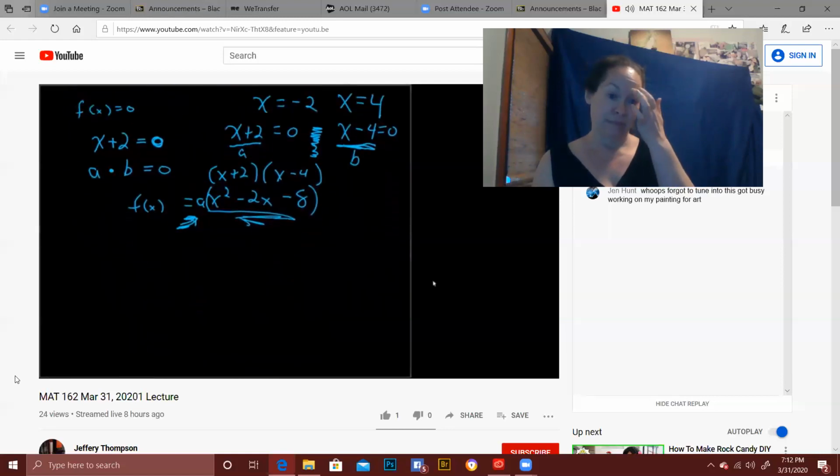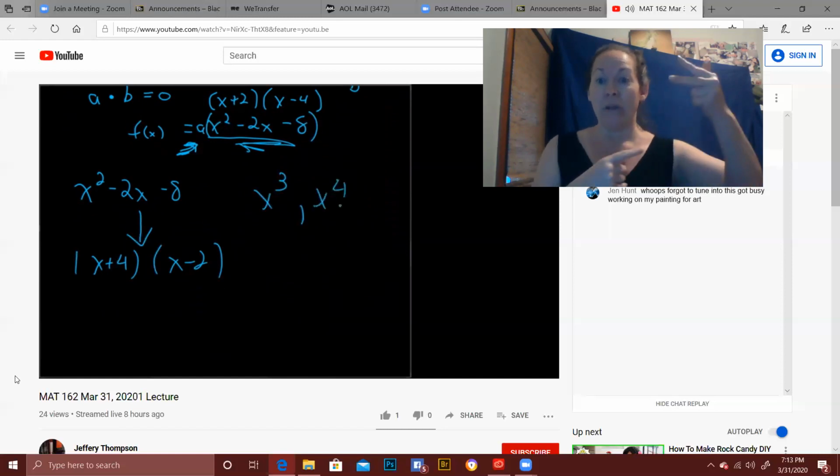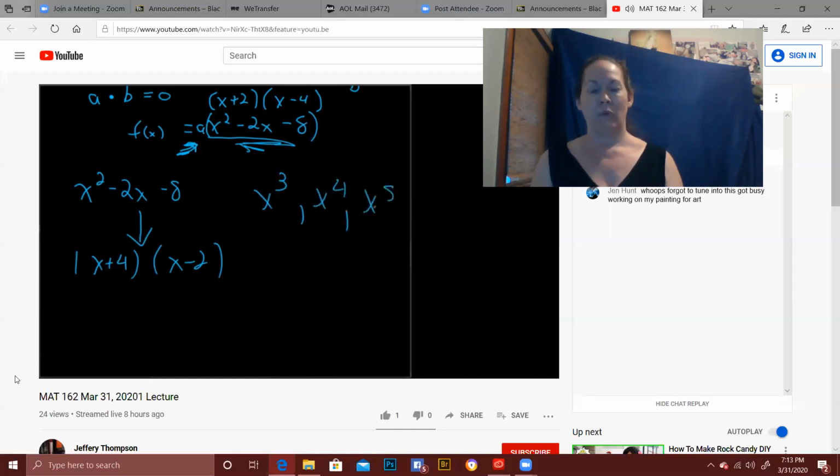We spent time learning how to factor this down into these terms. We want to be able to do the same thing now if x is cubed, x is to the 4th, and x is to the 5th.